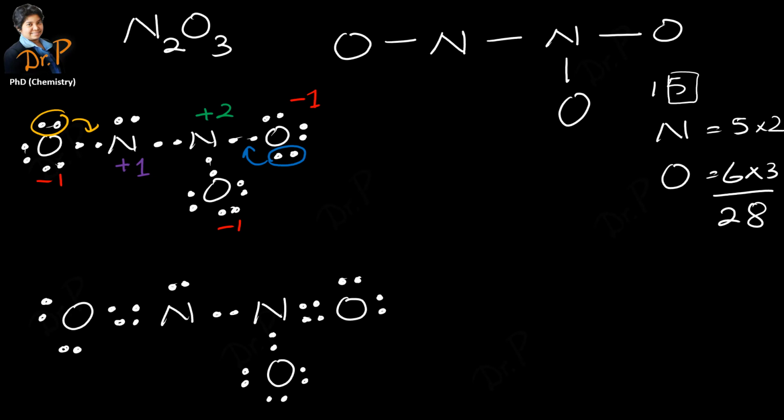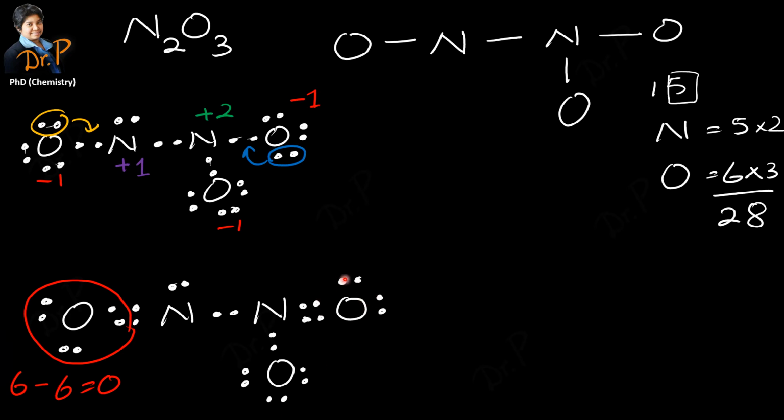Now let's do another formal charge calculation. First, we'll try this oxygen atom. Oxygen has 6 valence electrons. In this structure, we can assign 1, 2, 3, 4, 5, 6 electrons. So the formal charge of this oxygen atom is 0.